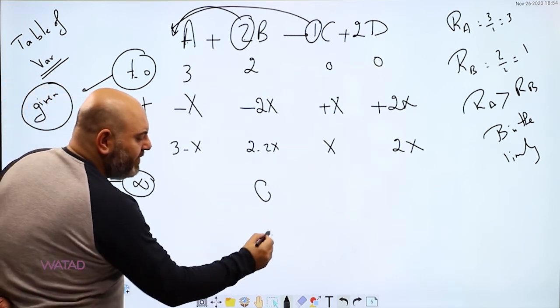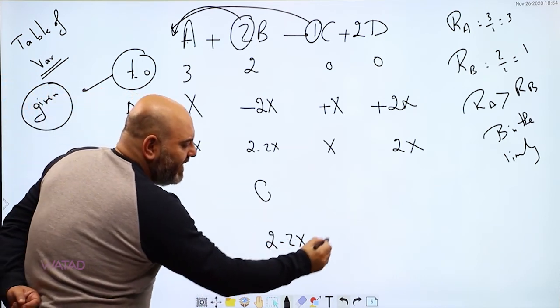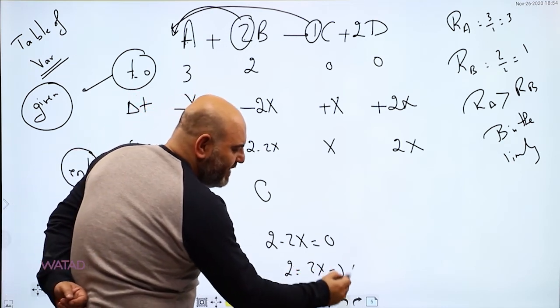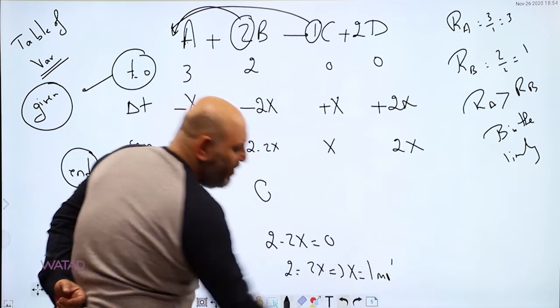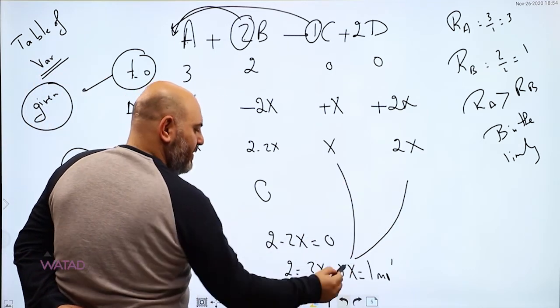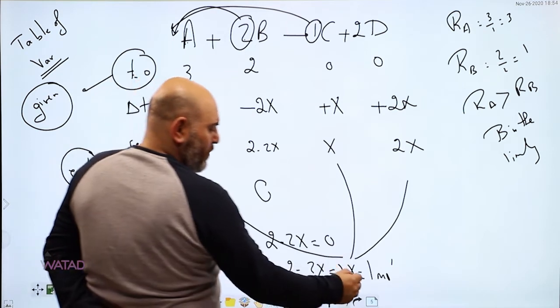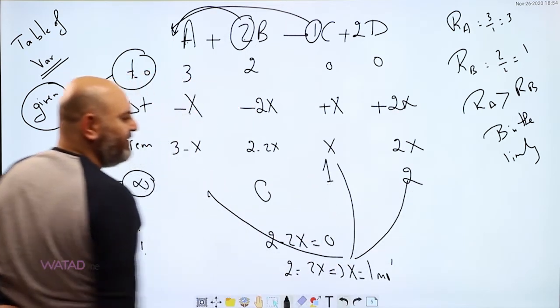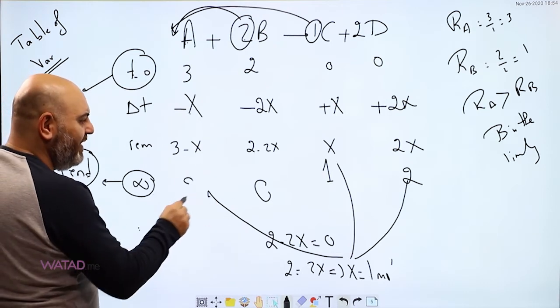And from this, I can find the value of x, which is 2 equal to 2x, يعني x equal 1 mole. Once you find x, you can replace x بالtable. x equal 1, يعني 2x equal 2 mole. x equal 1, يعني x equal 1. 3 minus 1 equal.